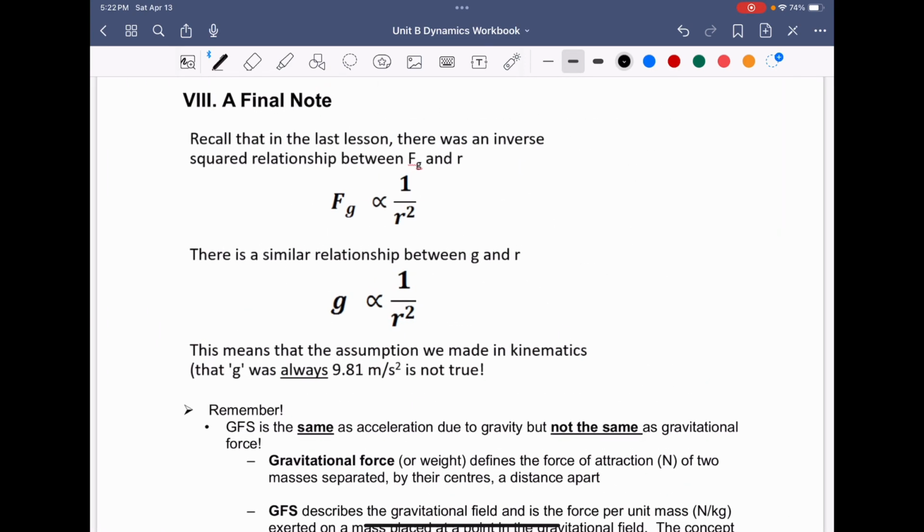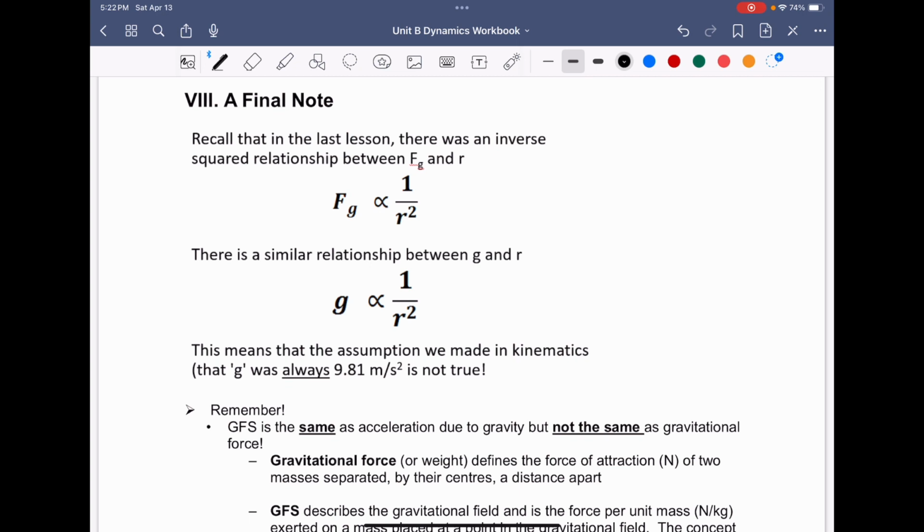Now, going on to our final note, we see a very common relationship between our Fg and our g, or our force of attraction and the gravitational field strength. Both of them follow the inverse square relationship, or more importantly, as I change the radius, the impact on the force of attraction and the gravitational field strength is the same. And what I want you to do is, off to the side here in the margin, write two things.